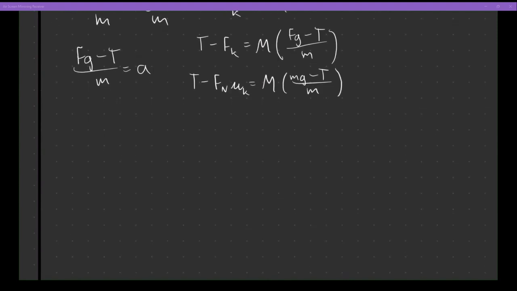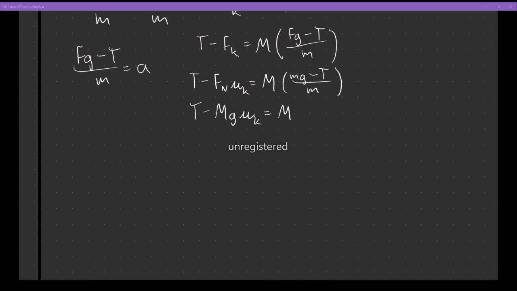But then over here on the left side of this equation, F of N is the mass of the big block. So I'll do Fg mu K, which is equal to big M. I'm going to FOIL this in, so I get mg over small m minus big M times T over small m. This m cancels with that m.